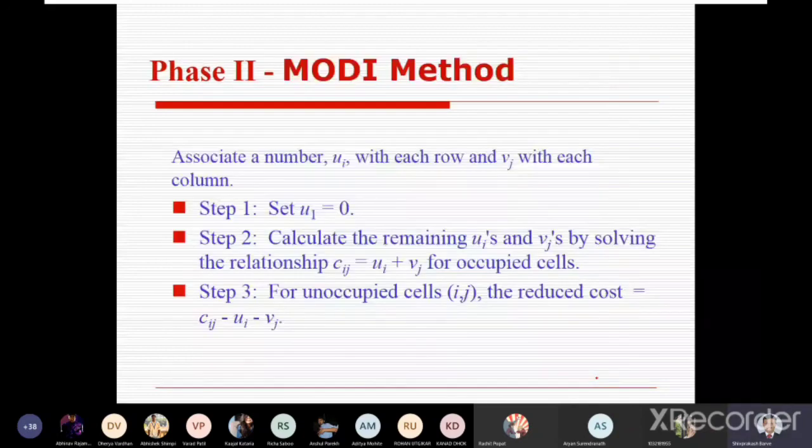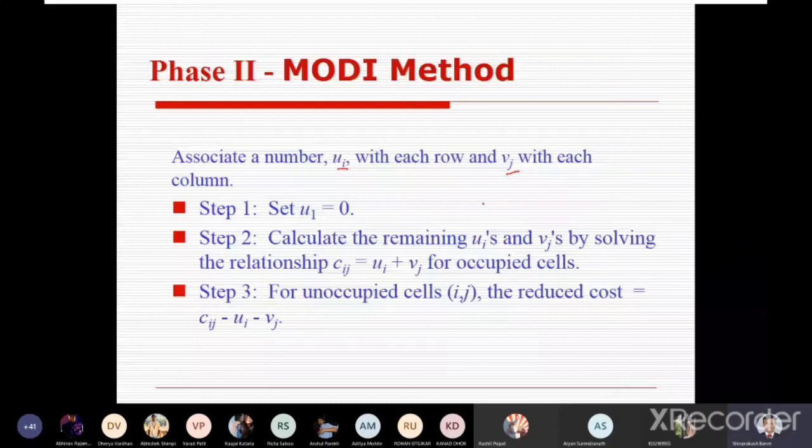Now we'll see the next method, the modified distribution method, MODI. This method is also known as the UV method, because we are using U and V. We use the symbol Ui for the rows, depending on the number of rows i, and Vj for the columns, depending on the number of columns j.